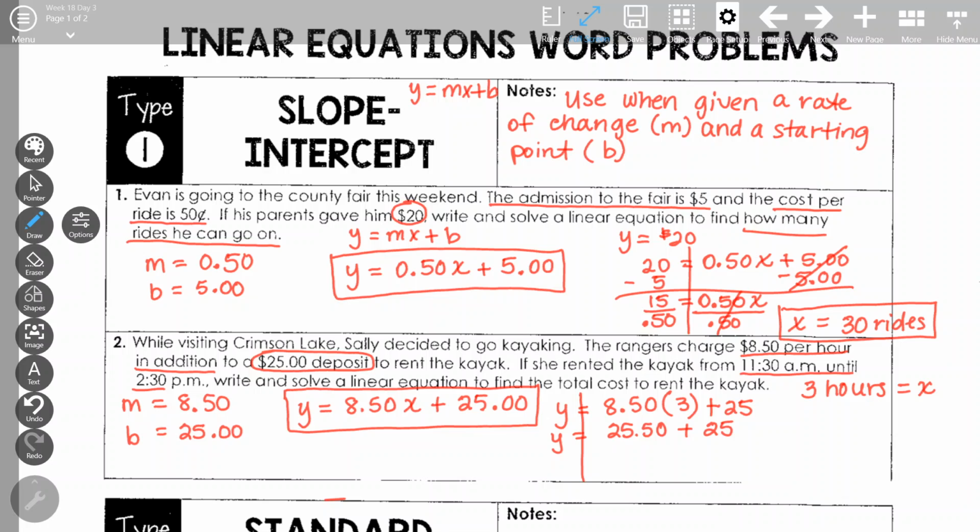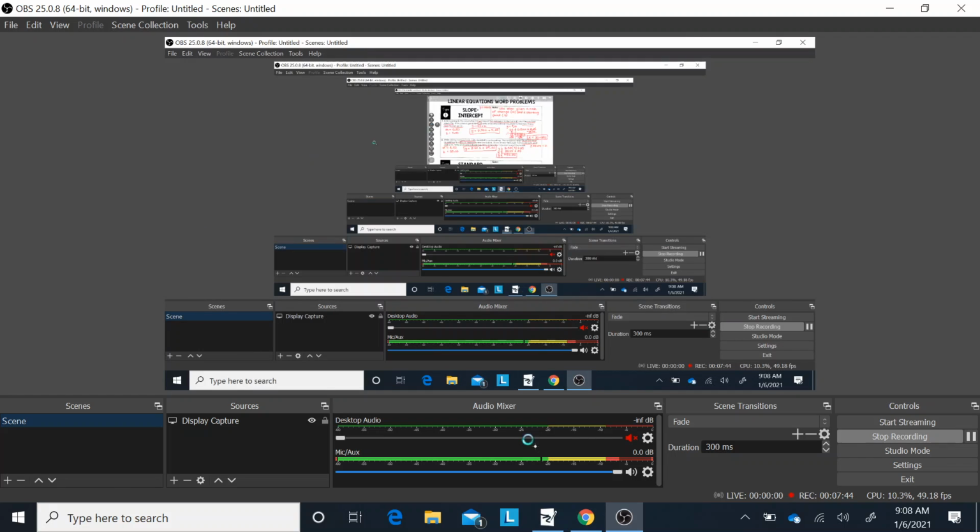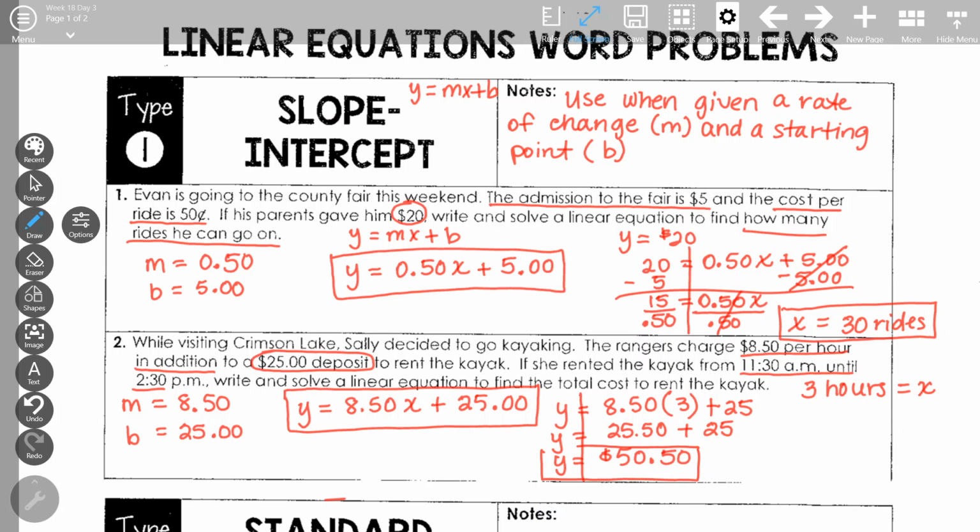It's going to be the b, how much she's going to have to deposit to rent the kayak. When we add those two together, y equals $50.50. So renting the kayak for 3 hours would cost $50.50.